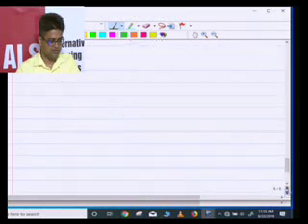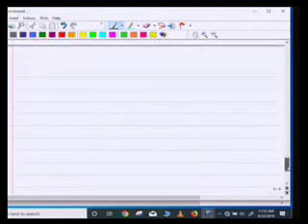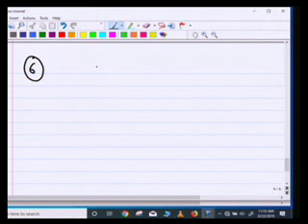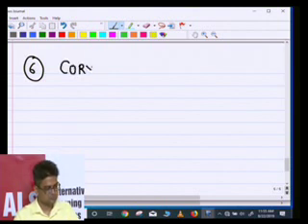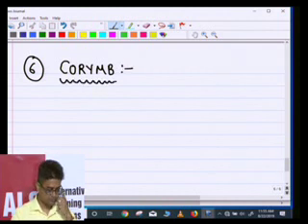Next we have corymb inflorescence. Corymb inflorescence. Okay.